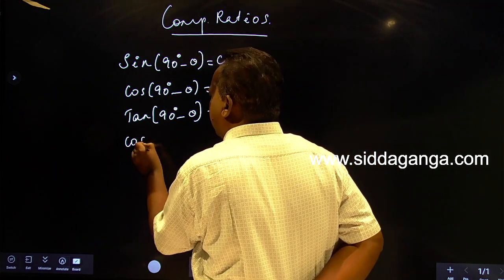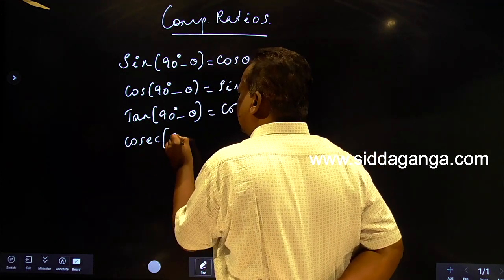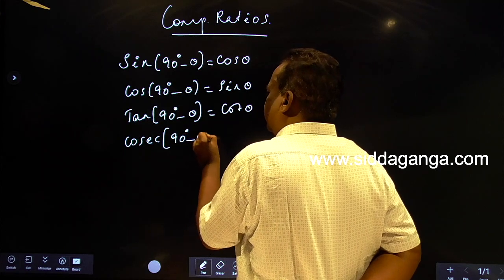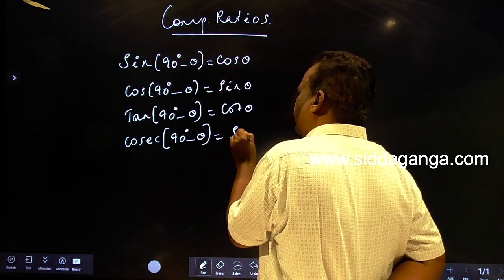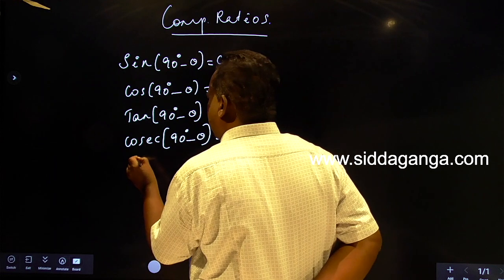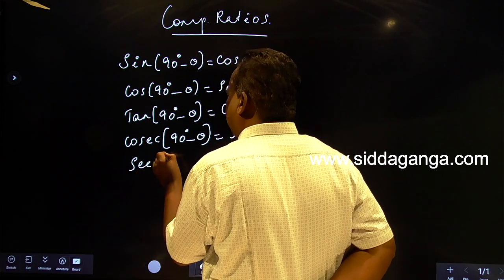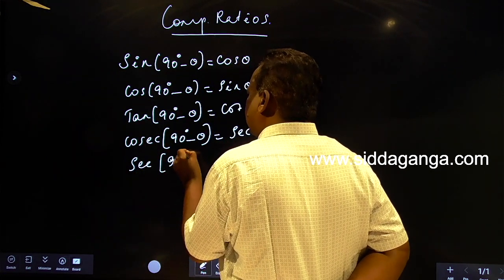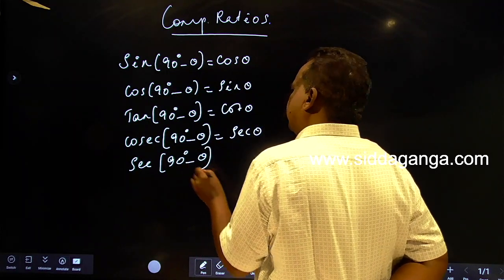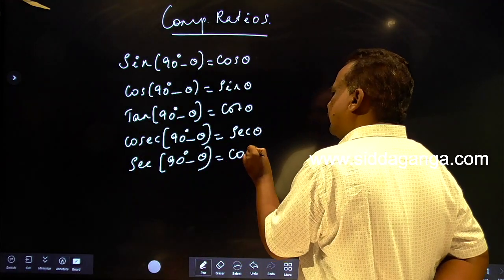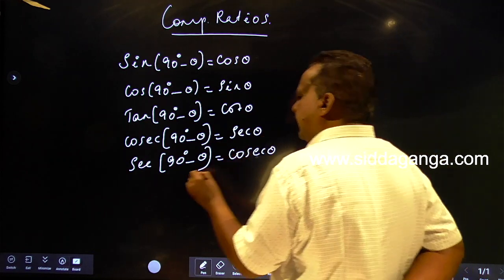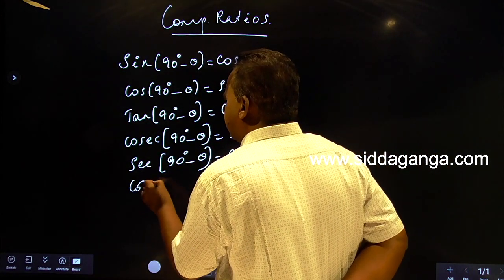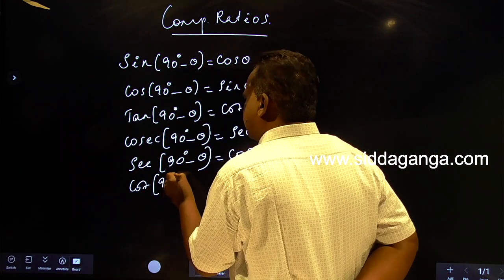Cosec of 90 minus theta is equal to secant theta. Secant of 90 minus theta is equal to cosec theta. And finally, cot of 90 minus theta is tan theta.